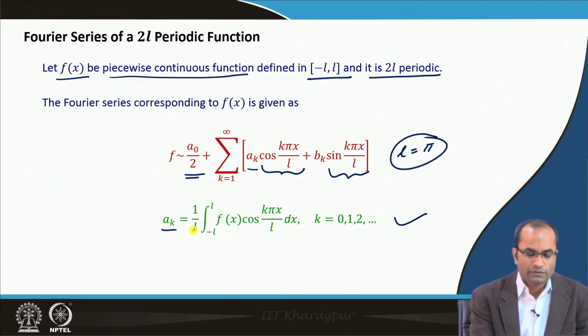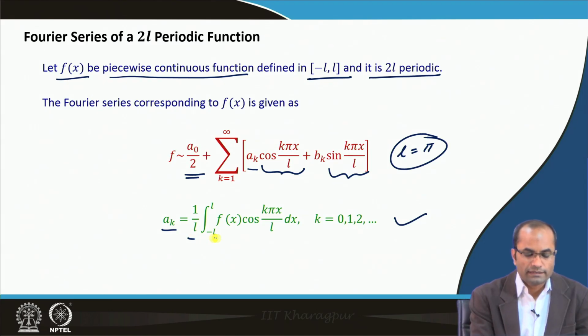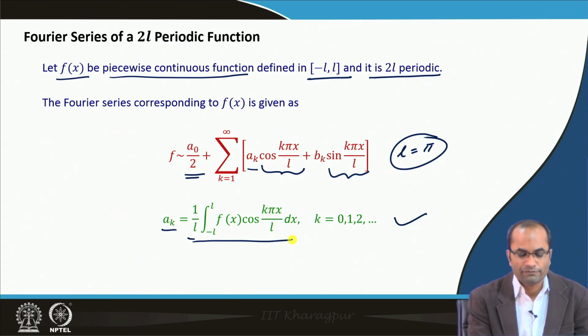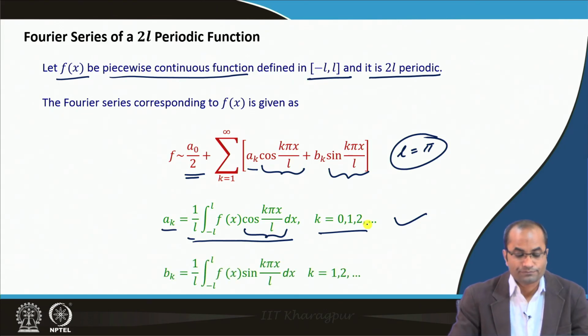So, a k we have here 1 over L instead of 1 over pi. So, 1 over L, and then the integral from minus L to L of f x, and then here we have the cos term, cos k pi x over L, and then k goes from 0, 1, 2, 3 etcetera.